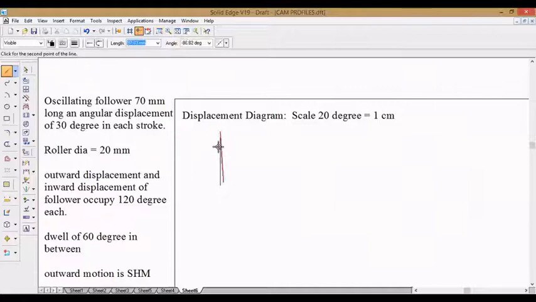Lift we have drawn 36.65. The outward displacement and inward displacement of follower occupy 120 degree. That means outward and inward both are 120 degree. So 20 degree is equal to 1 centimeter means 120 degree is equal to 6 centimeters. So 60 mm for 120 degree.